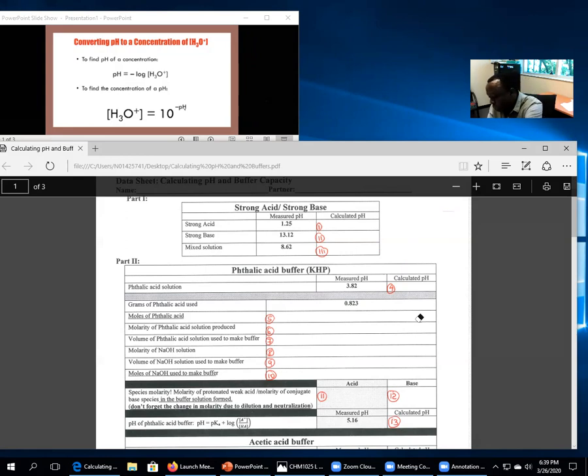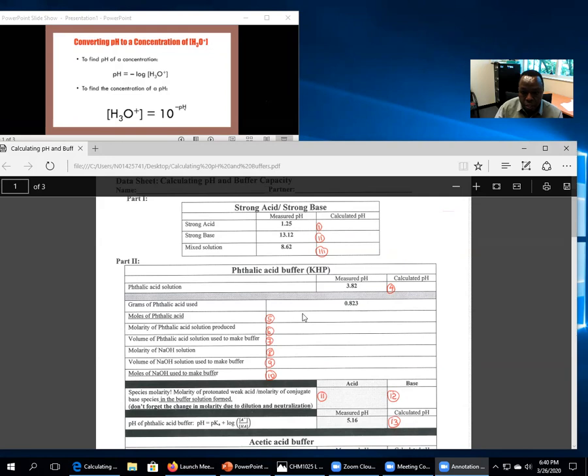All right. And the chemical formula you see, there is some information you are expected to remember and recall from the lecture. And this is how to find the molar mass. I don't want you to just say, all right, this is what it is. I have potassium, I have hydrogen, and I have the phthalate.